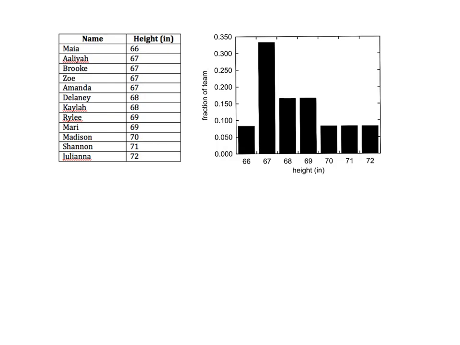If we want to find the average of this distribution, we would add up all of the heights and divide by the number of people on the team, the number of heights that we have added up.